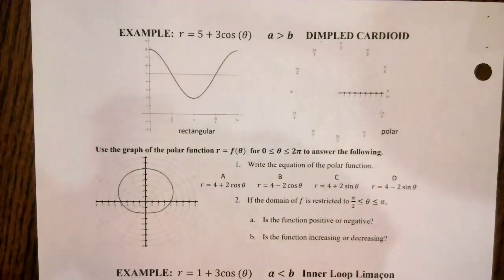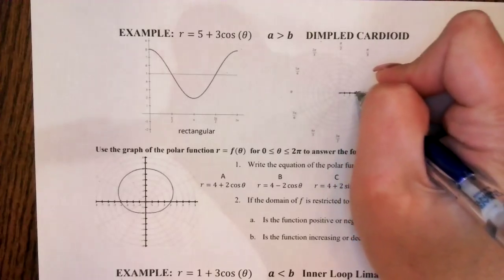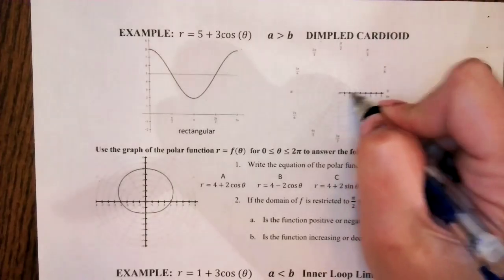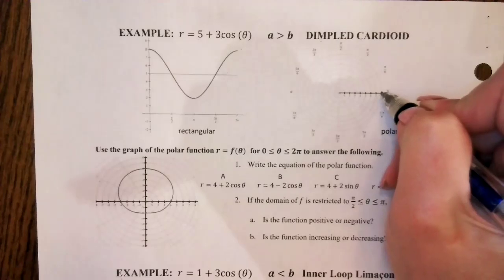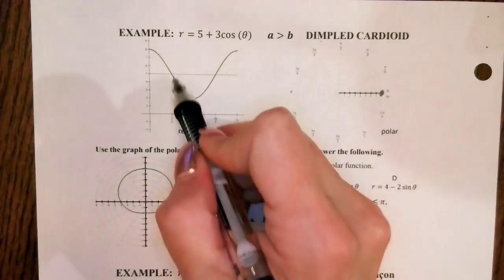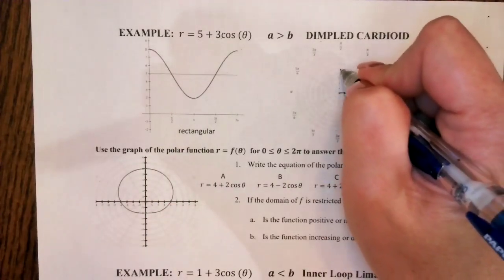So at 0, I am at 8. So 1, 2, 3. These numbers get a little tight here. 1, 2, 3, 4, 5, 6, 7, 8. Right there. At pi over 2, I'm at the 5. So I'm going to go 1, 2, 3, 4, 5.